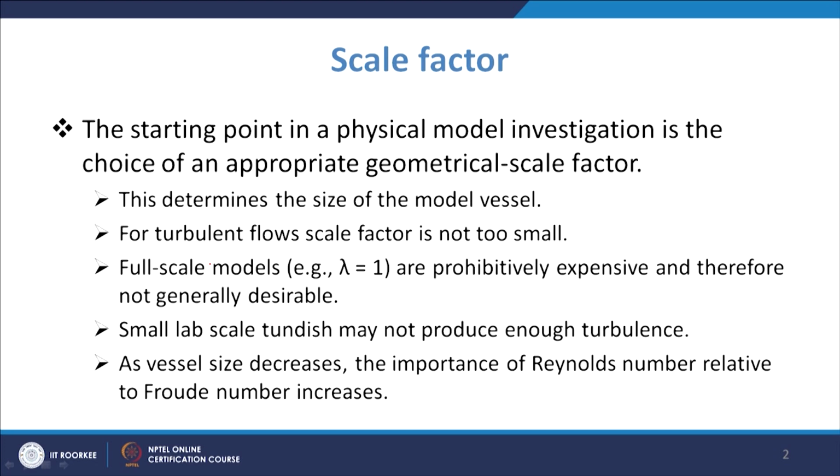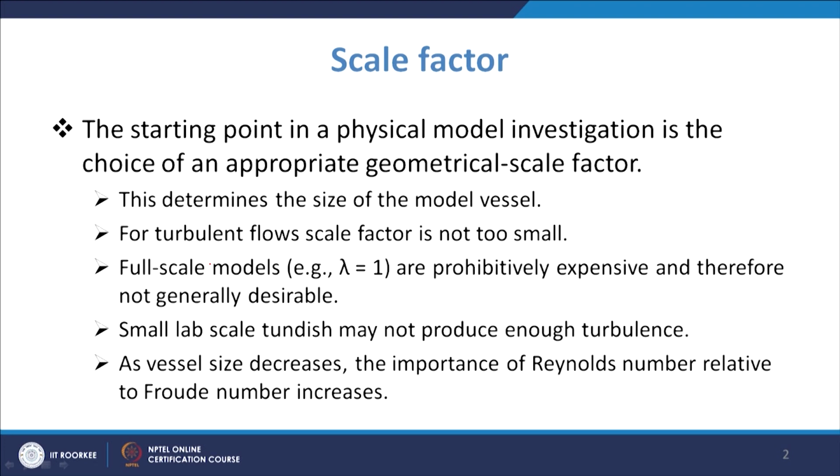Now, as we see, for the full scale models, if you try to satisfy both the Reynolds as well as Froude similarity, you will have to have lambda as 1, and then you will have a very large model, and that will be very expensive.